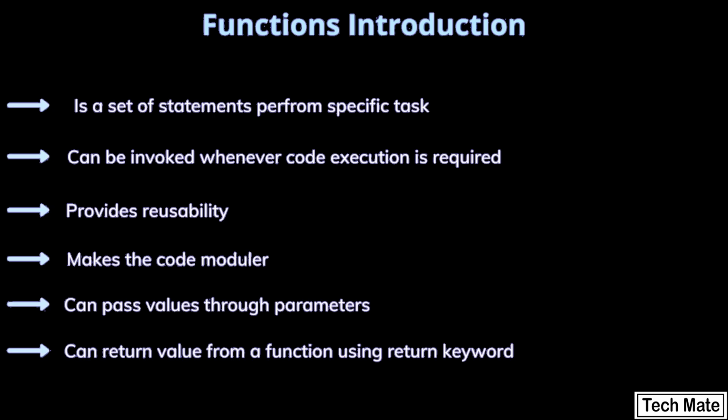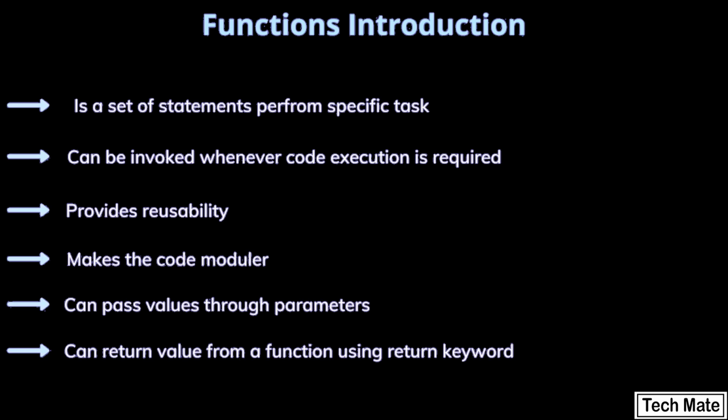While defining the function, I can pass parameters as well, so that whenever I want to supply some value from the calling environment, meaning when I am invoking the function, I can pass a specific value.